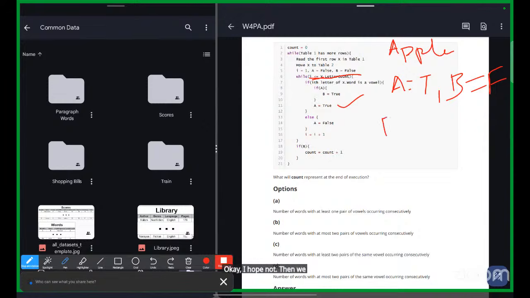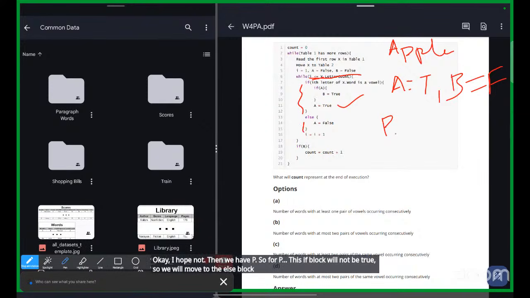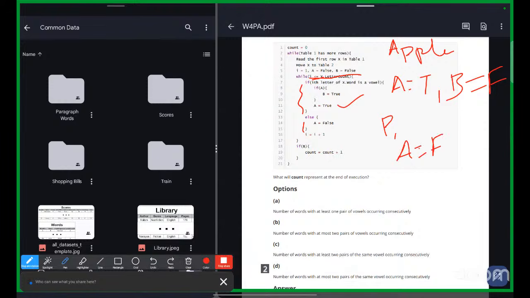Then we have P. So for P, this if block will not be true. So we will move to the else block here, and the value of A will be switched to F, but the value of B will remain the same. Now we will move to the second P. For the second P, we will again evaluate the if block in line number 7.